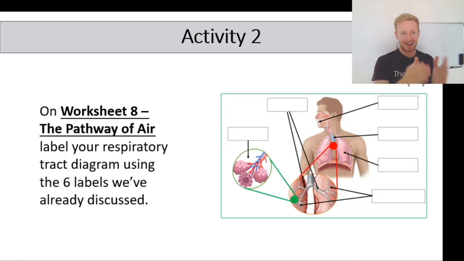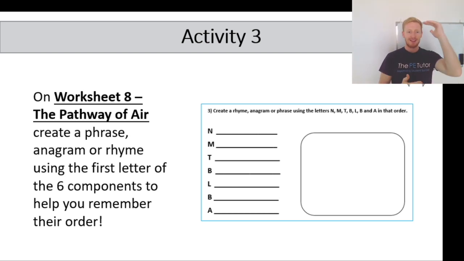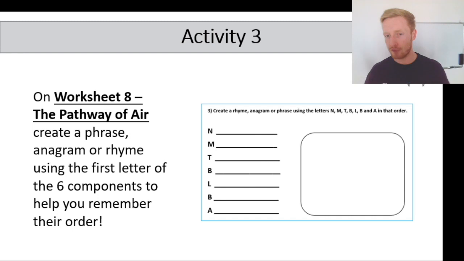So there are activities for you to do. If you haven't got the resource sheets, then just note these down, or maybe sketch a quick drawing of a person, and label those 6 components onto that diagram. There's also another activity which could be a bit of a fun thing to do: take each of those key components and come up with some sort of rhyme or term or phrase which sticks in your mind.